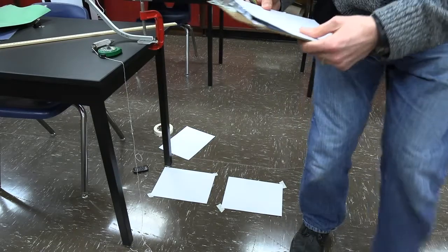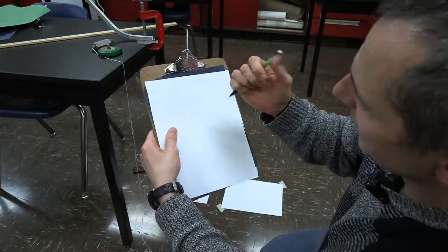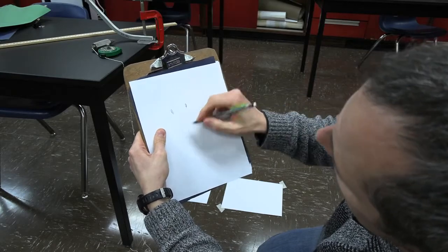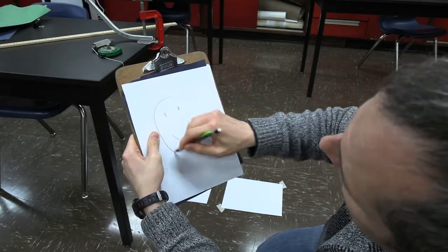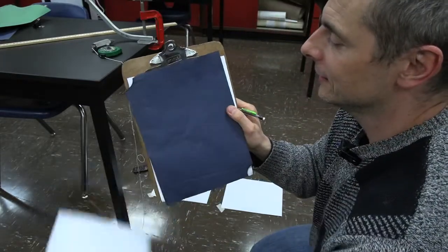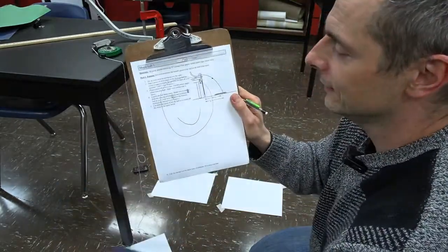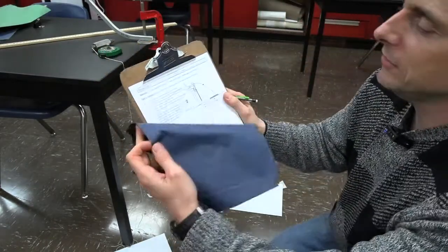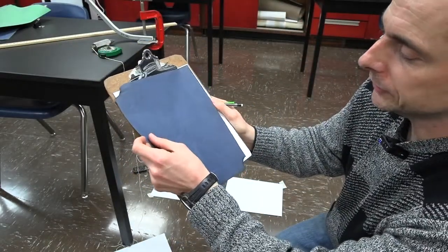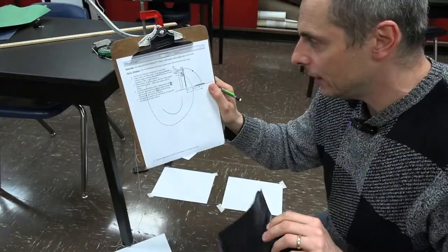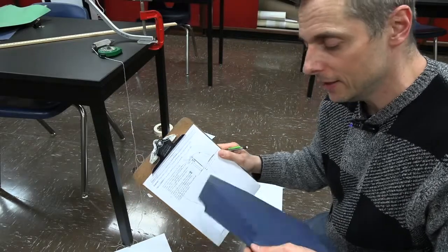Watch this. Another magical thing today. Oops. See that smiley face? There it is. Carbon paper. It makes copies of things through mechanical pressure. So it left a little bit of carbon in the shape of what I drew on top.